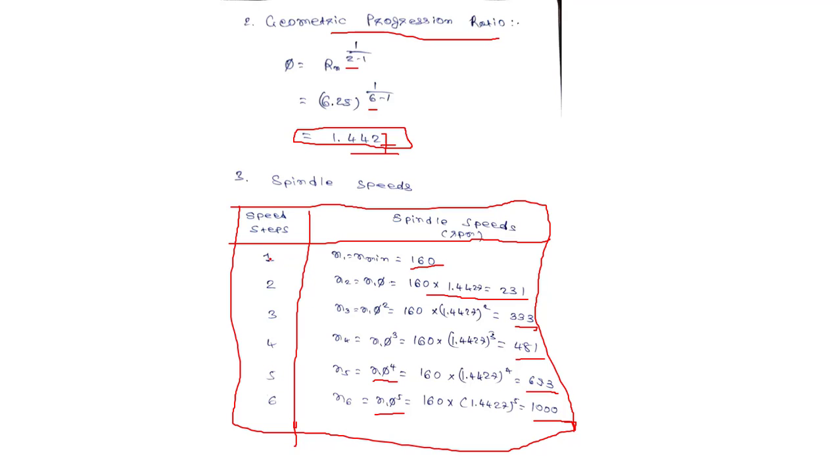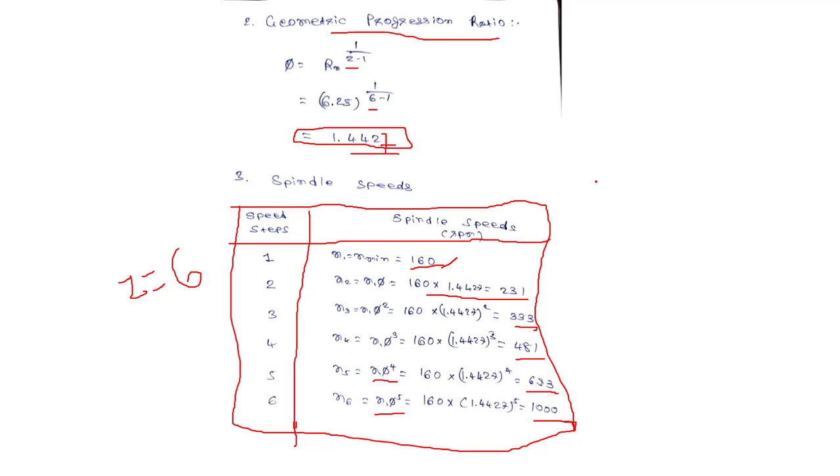As we know, Z is equal to 6, so we have to find the gearbox which will give all these 6 speeds. It is 160. As we compare this with our bike, if we put the first gear, we will get the speed 160.